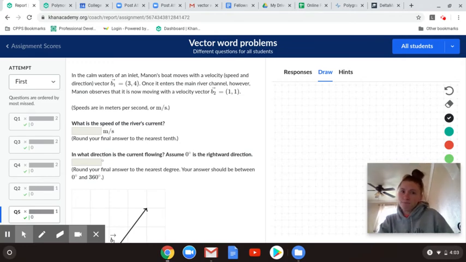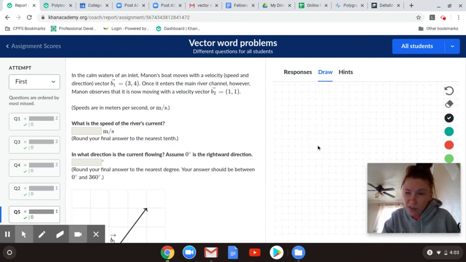Now, in this problem, he's going at a steady rate b1 at (3, 4). So that's his original trajectory. But then a wind happened to him, and then his resulting vector was (1, 1). So something was added to his b1 to equal his b2.